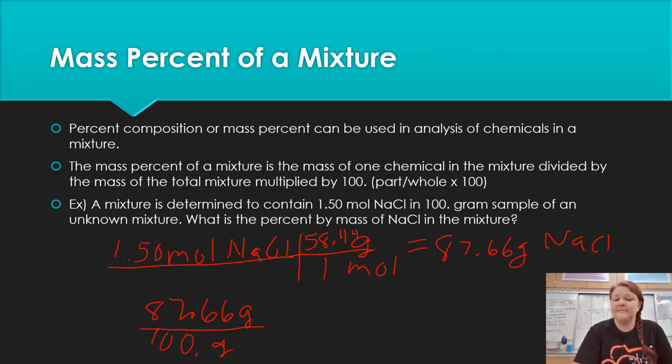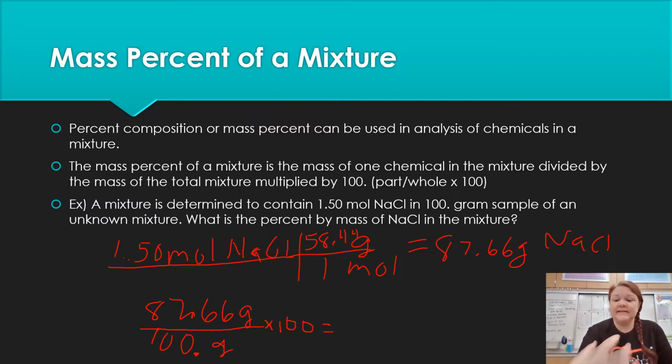Notice there is a decimal on your 100, telling us those zeros are significant, so we'll keep that in mind. Then we multiply by 100. So we're dividing by 100 and then multiplying by 100 because our sample is 100 grams. That makes our calculation very straightforward.